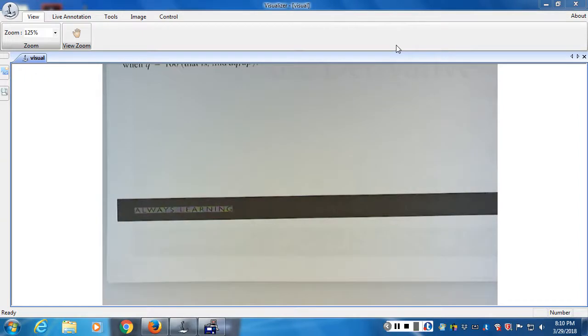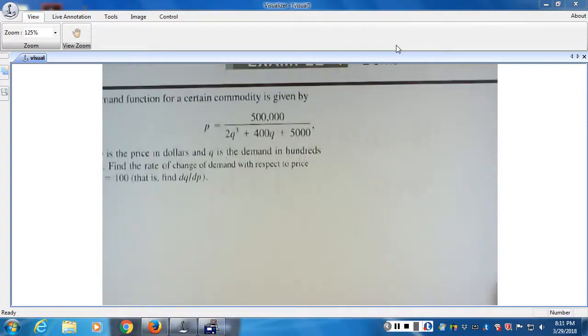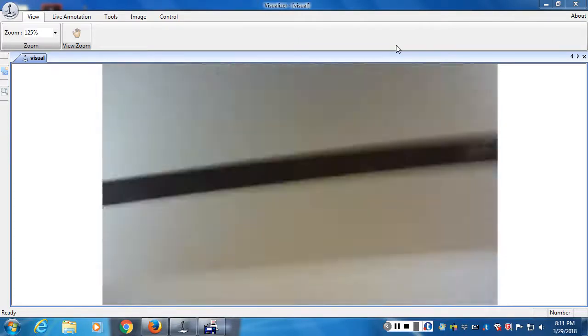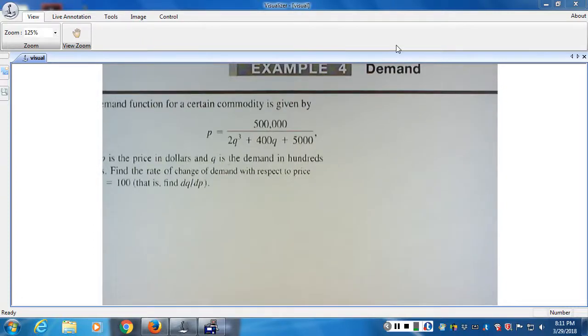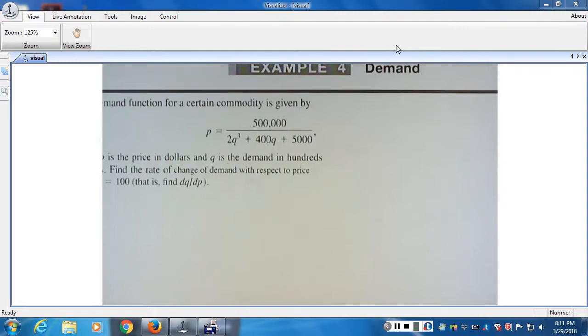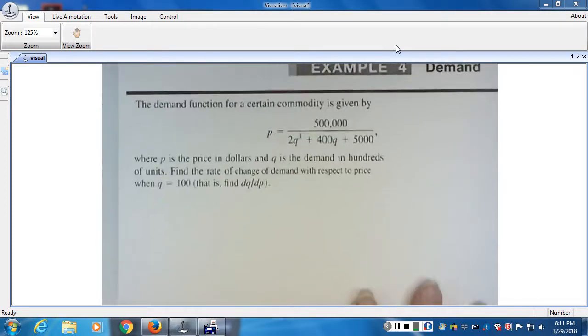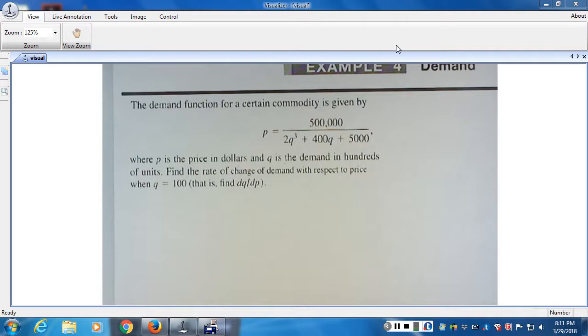So we will go to an application problem. And the application problem is our last example for the night. We have a demand function. And the demand for this commodity that we're looking at is given by P, where P is the price in dollars and Q is the demand, in hundreds of units.